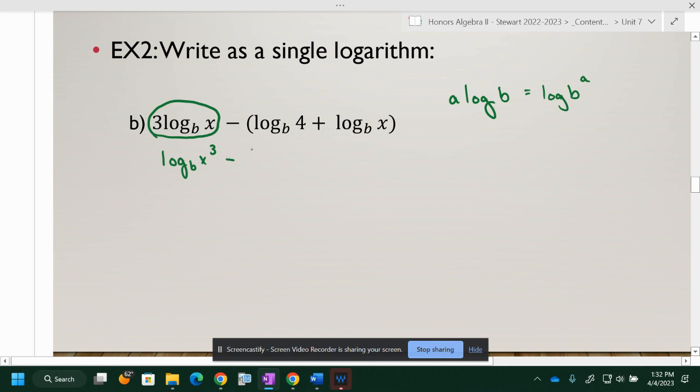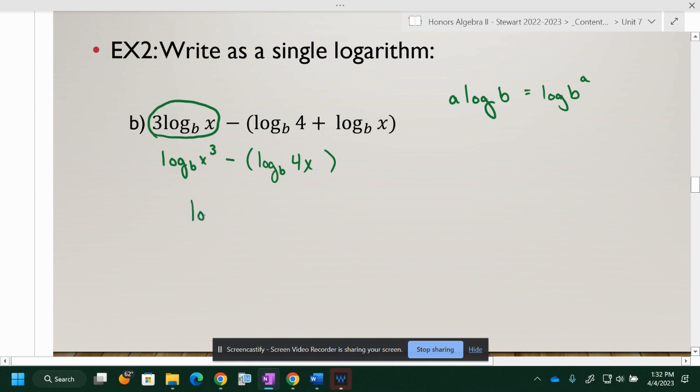And then because I have parentheses, I have to do this addition, multiplication first. So this is going to become log b to the 4x. Last, now I have subtraction. Remember, subtraction means division.